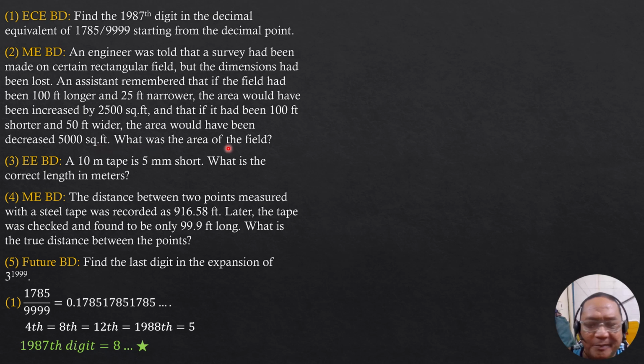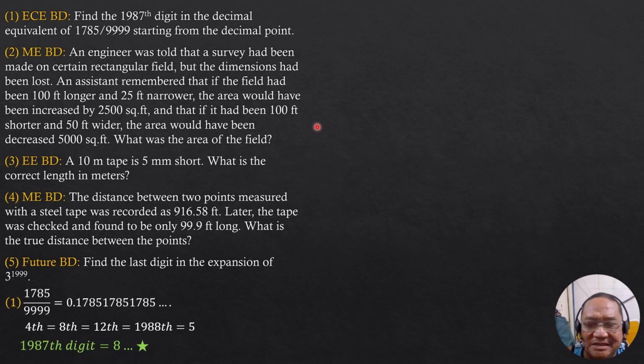What was the area of the field? So the assistant is more intelligent than the engineer in this case, because the assistant remembered, maybe the assistant considered the cases so that he or she can remember the area.